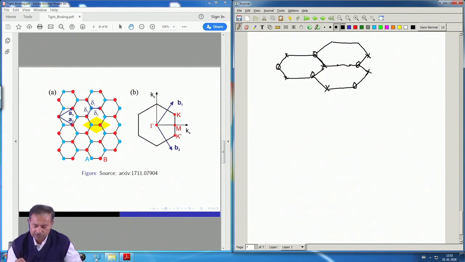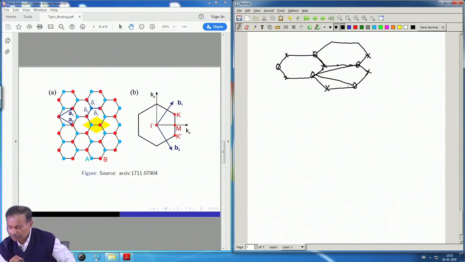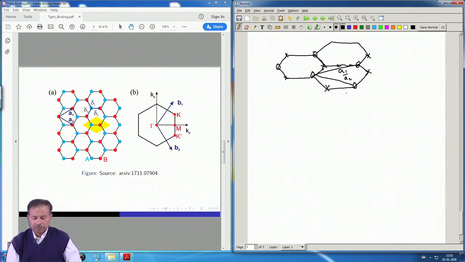And I choose my primitive vectors, and these two I call them A1 and A2. Remember, the cross and the circle do not represent two different kinds of atoms in graphene. They are both carbon, but they are at inequivalent sites.